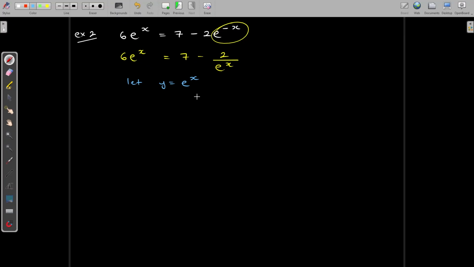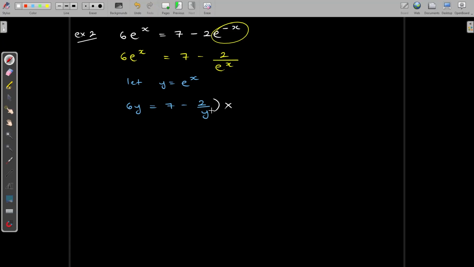Now this way we're going to be able to get back our quadratic from that. So we will have 6y is equal to 7 minus 2 over y. And getting rid of this y in the denominator position will allow us to have a y squared over here. Can you see that? Yes, sir. Because we'll have to multiply all the terms by y.